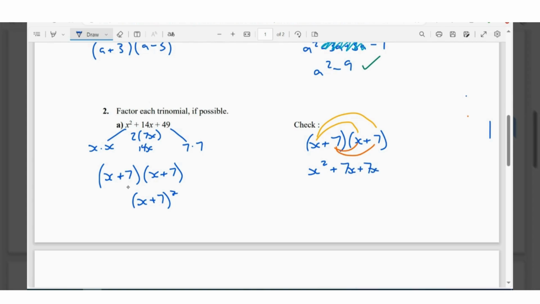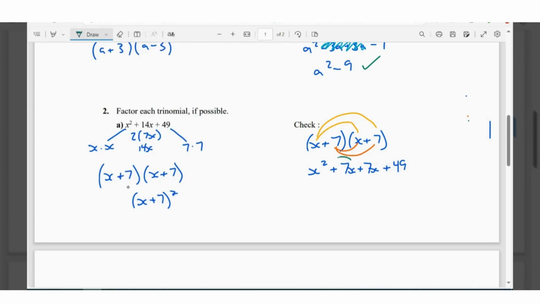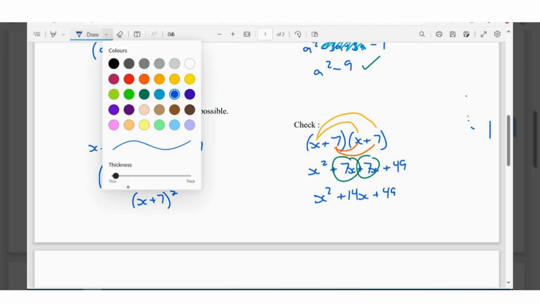And positive 7 times positive 7, a positive 49. Let's combine these like terms. They're both positive, so unlike our last ones, they're not going to zero out. They're going to be added to each other. We got x squared plus 14x plus 49. And there you go, we did it.